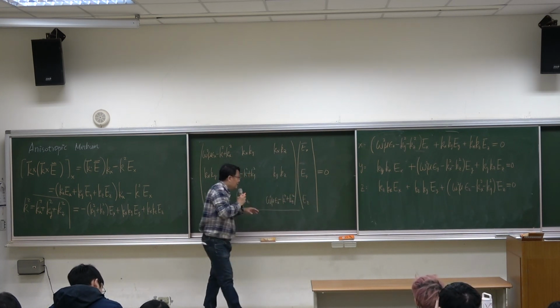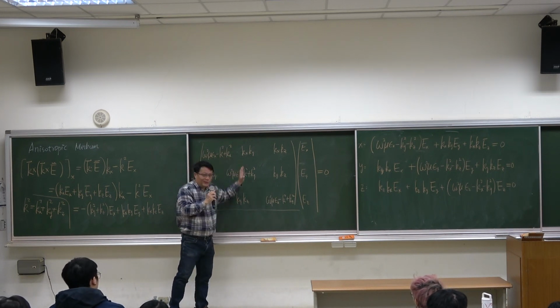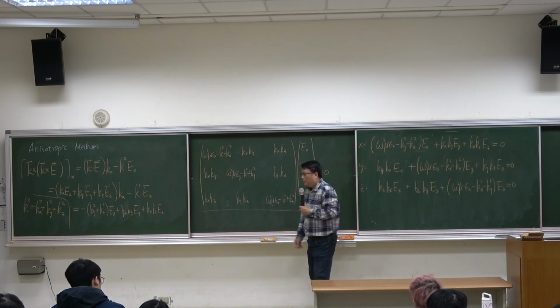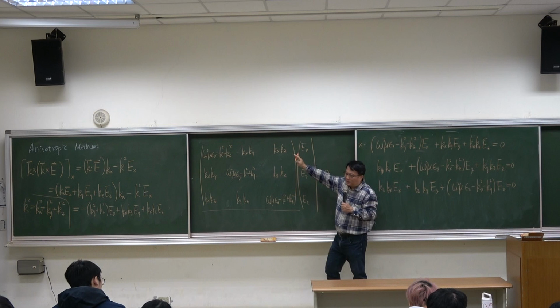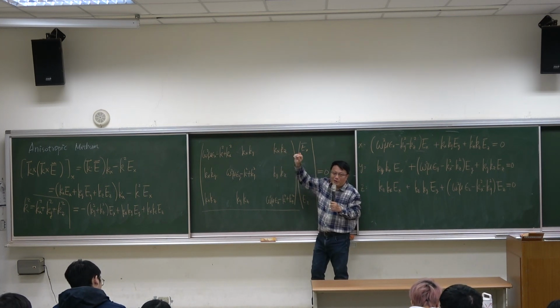This means that this matrix cannot have an inverse. If a matrix has a non-zero determinant, then we can always write down the inverse matrix of the original square matrix.